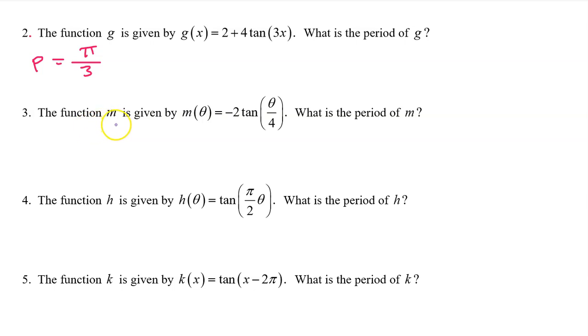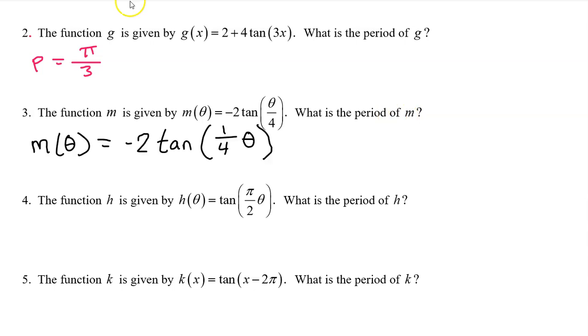Number 3. The function m is given by m of theta is equal to negative 2 times the tangent of theta over 4. What is the period of m? Theta over 4 is the same thing as 1/4 times theta. Written this way, it's easier to see that the b value is 1/4.